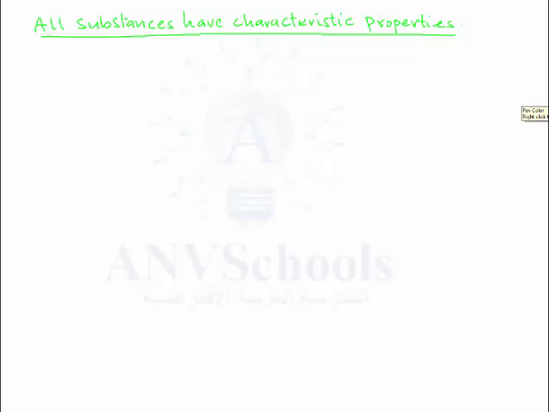So chemists use properties to distinguish between substances. They use properties to distinguish between substances.